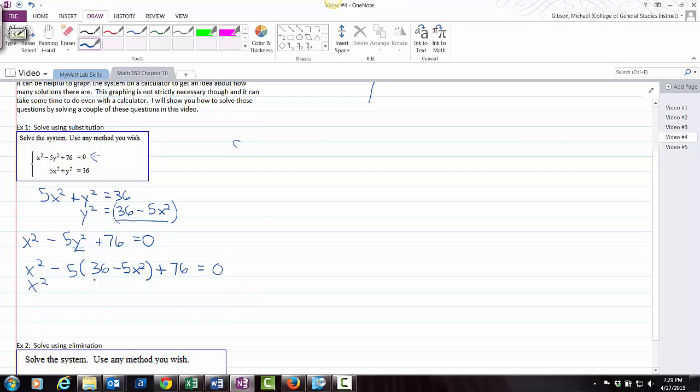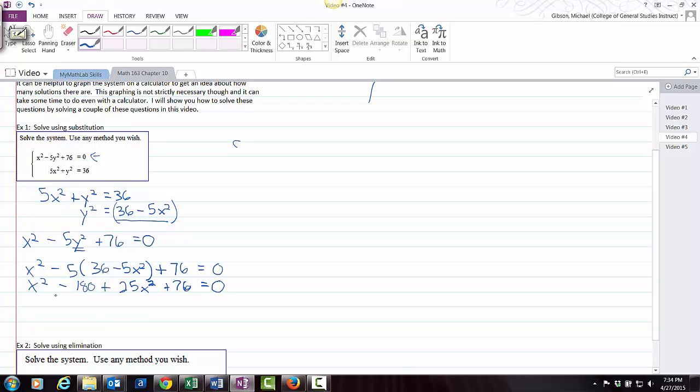X squared, well, minus 5 times 36 is minus 180. And then minus 5 times minus 5x squared is 25x squared, plus 76 equals 0.